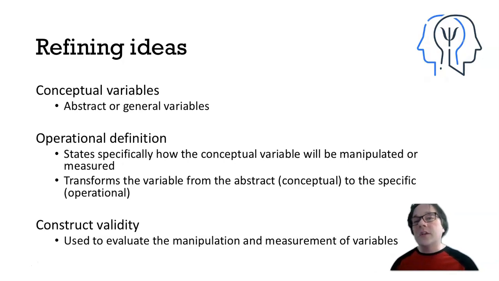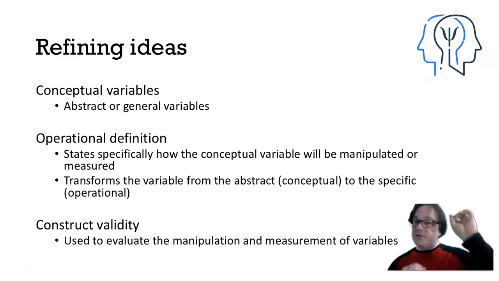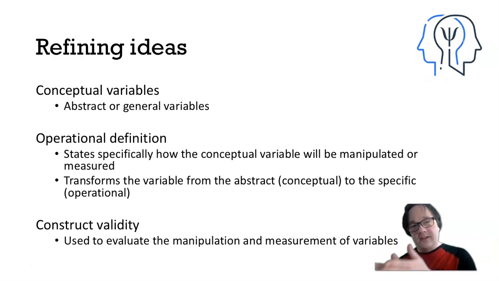Is it really measuring that construct? So if I said, I'm going to define happiness as the number of times somebody laughs during a conversation, that's definitely an operational definition. I just took happiness, which is a construct, and defined it in a way that I can measure systematically.